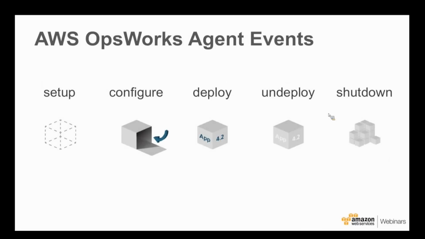This allows you to react to changes so that you can, for example, scale up or switch database when the primary database crashes. The deploy and undeploy events you use to get code on and off the machines. The shutdown event is used to trigger a script to ship your last logs before the instance goes offline, or you want to have some cleanup tasks done on the instance before you turn it off.